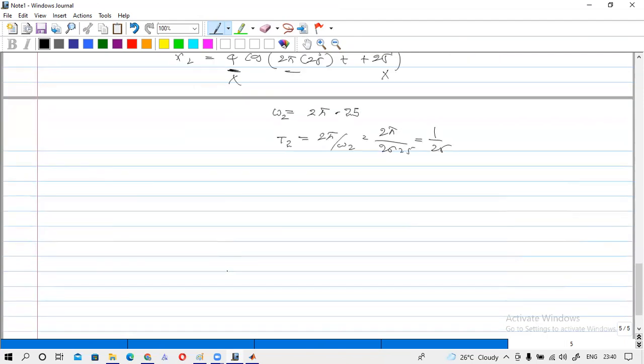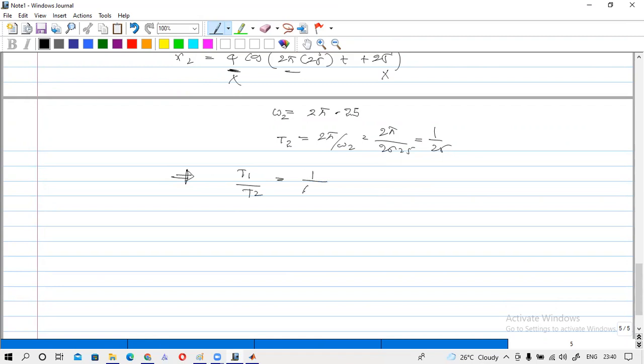Then what you have to do, please remember this point also, is get the ratio of this T1 and T2.